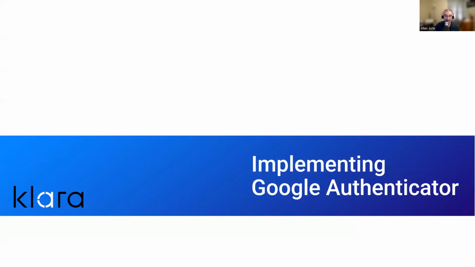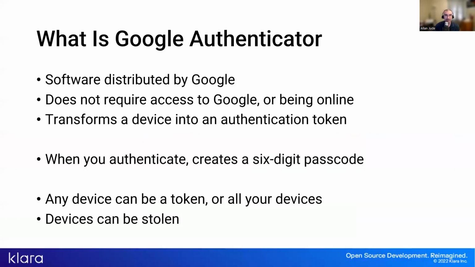So now we'll talk a bit about actually implementing Google Authenticator. So Google Authenticator is software distributed by Google. It doesn't require access to Google or being online at all, but it allows you to transform a device like your cell phone or smartwatch into an authentication token, like one of those RSA tokens that Michael mentioned a minute ago.